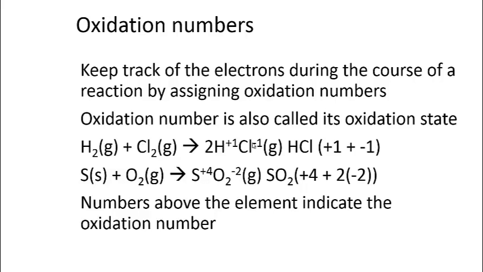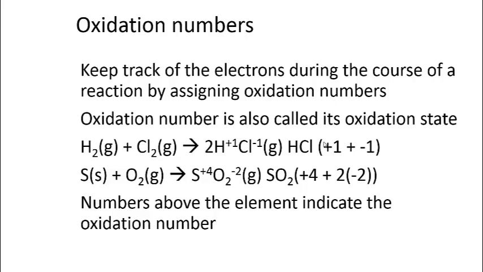Now, in both reactions, there is no net charge on the reactant atoms. Therefore, their oxidation number must be equal to 0. In the product molecules, it is assumed that a complete electron transfer has taken place. Thus, atoms have either gained or lost electrons, and the oxidation number is therefore a reflection of the electron transfer that has taken place.